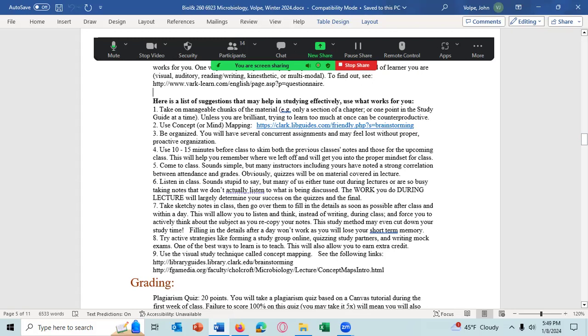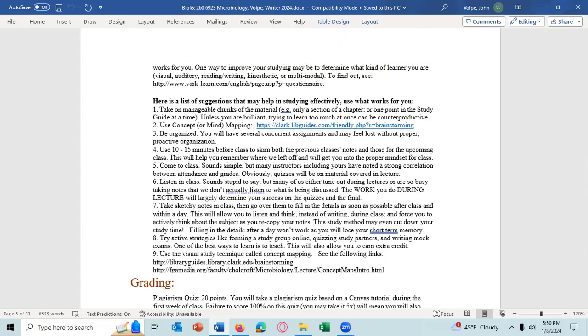First, take on manageable chunks of material. Only one section of a chapter at one point in time. Unless you're brilliant, trying to learn too much at once is usually counterproductive. Use concept or mind mapping. Be organized. You're going to have several concurrent assignments.